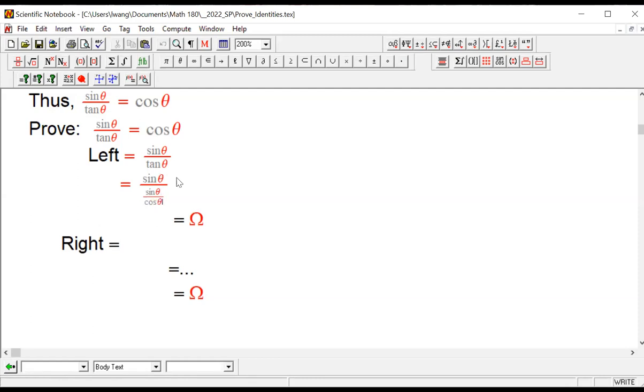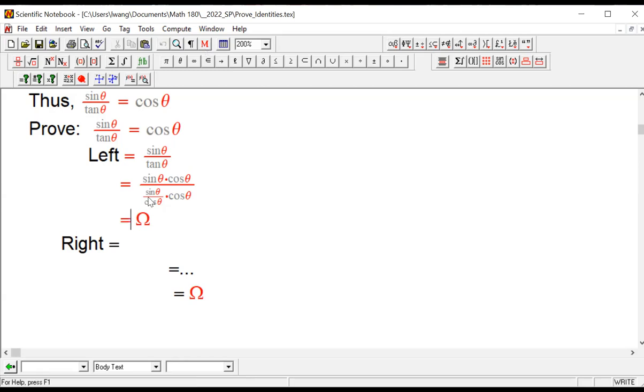I just replace tangent theta by its equal, which is sine theta over cosine theta. Then I'm going to multiply by cosine theta, and multiply cosine theta here. So I'm multiplying by 1, right? Anything times 1 stays the same.